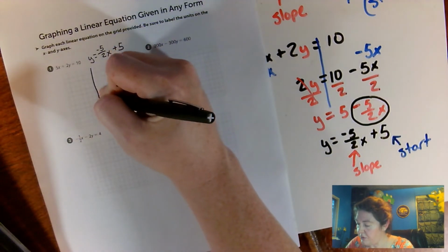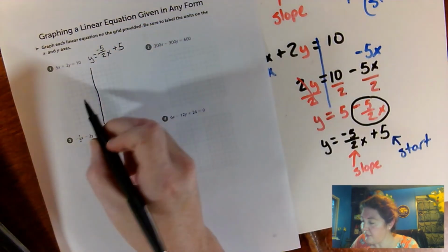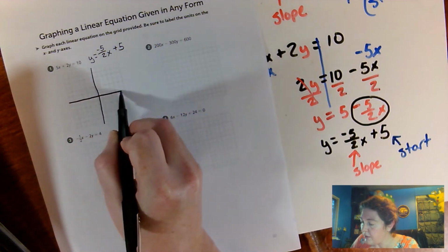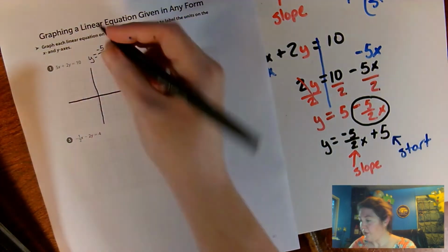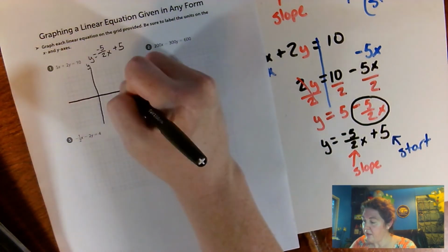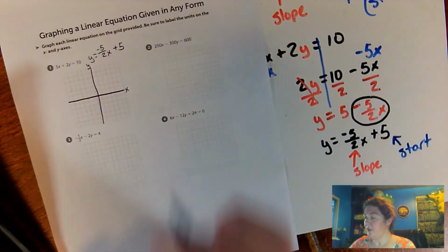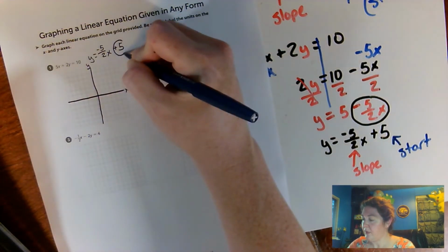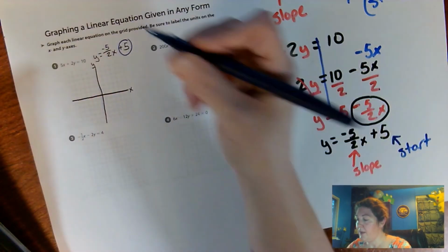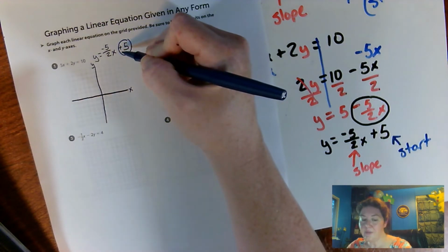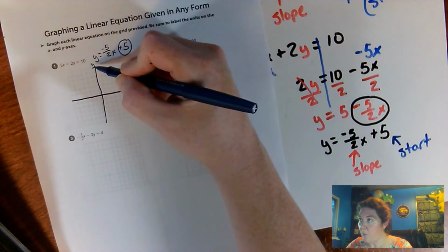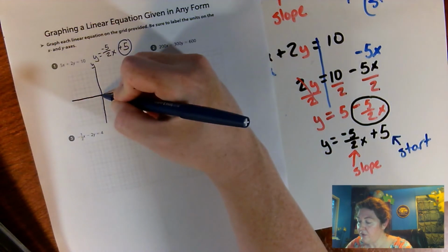I'm going to draw my y-axis and my x-axis. Now remember, this is my y-intercept. That is my starting point. My starting point is a positive 5 on my y-axis.